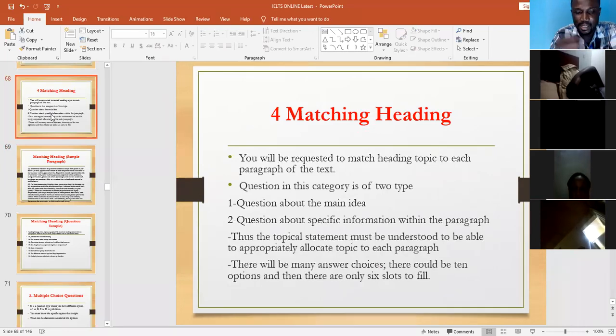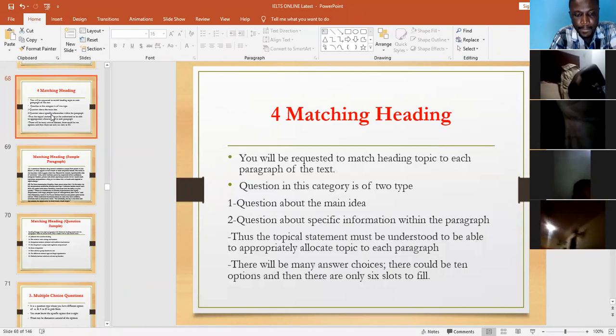Either the main idea. That's why when you are reading, you need to first of all start looking for the main idea. After the main idea, it also targets specific information in the paragraph.